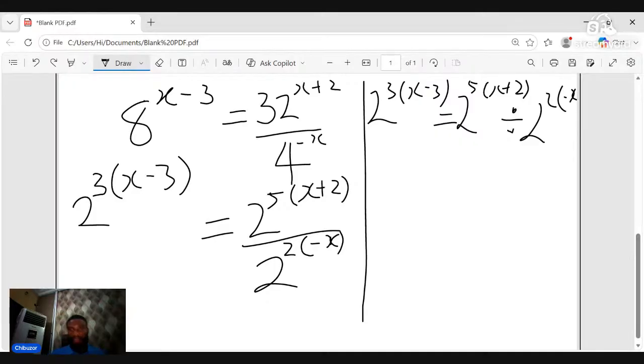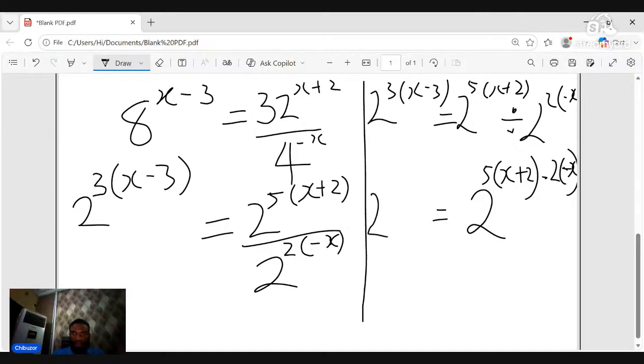On the right hand side, we'll have 2 raised to power 5 in bracket x plus 2 minus 2 in brackets minus x, right? But this side you have 2 raised to power 3 in bracket x minus 3, right? Understood?